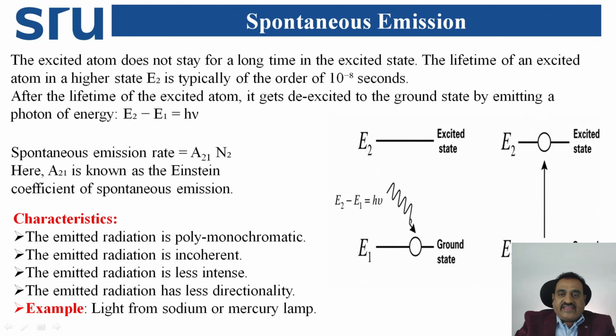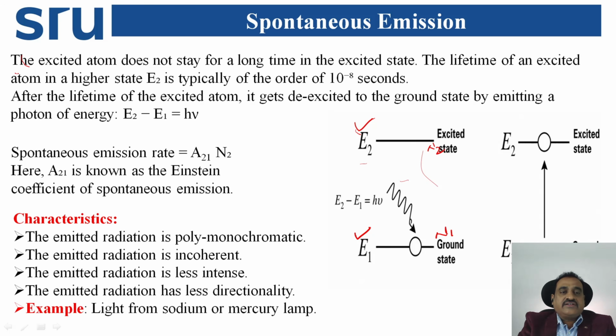So try to understand here. This is the lower energy state E1, this is the higher energy state E2. N1 is the population in E1, N2 is the population in E2, or N1 is the number of atoms per unit volume in energy state E1, N2 is the number of atoms per unit volume in energy state E2.